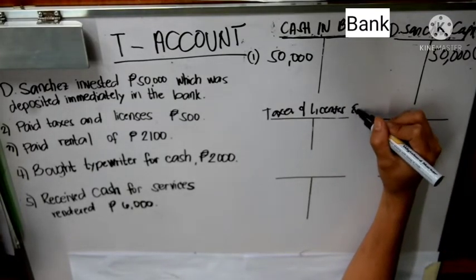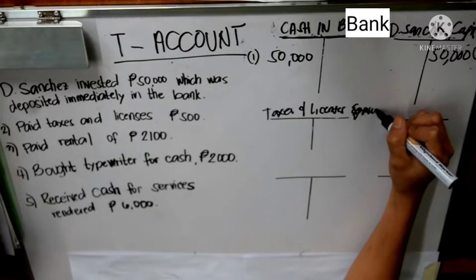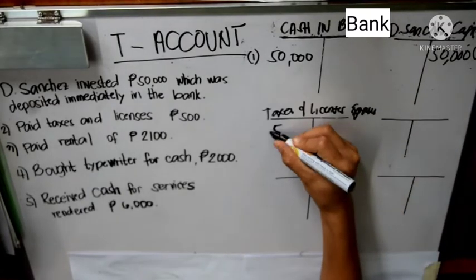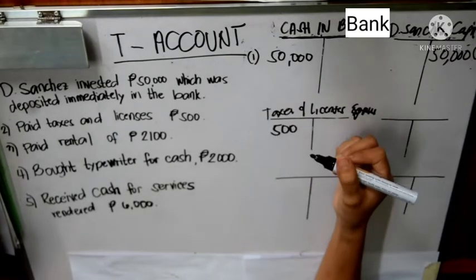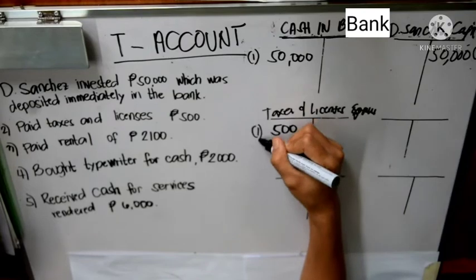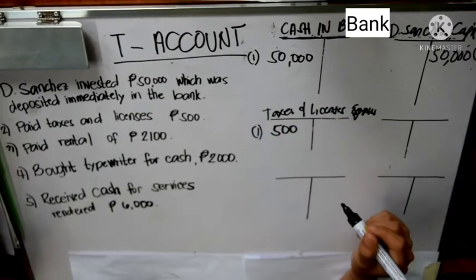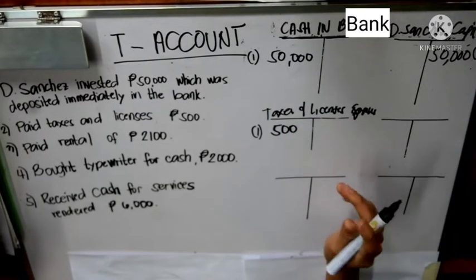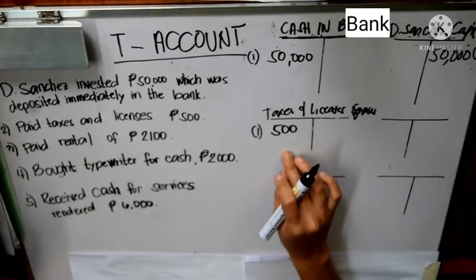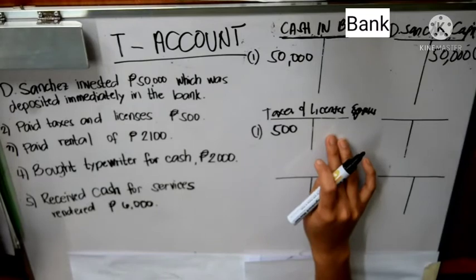Or we can simply say taxes and licenses. So, 500 pesos yung ating binayaran. So, always remember that the normal balance of the expense is always on the debit side. So, we debit 500 pesos for the taxes and licenses expense.